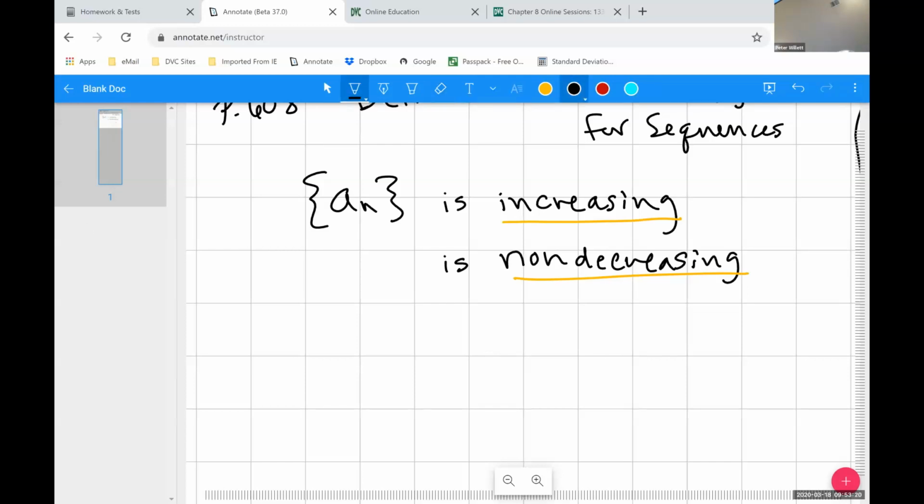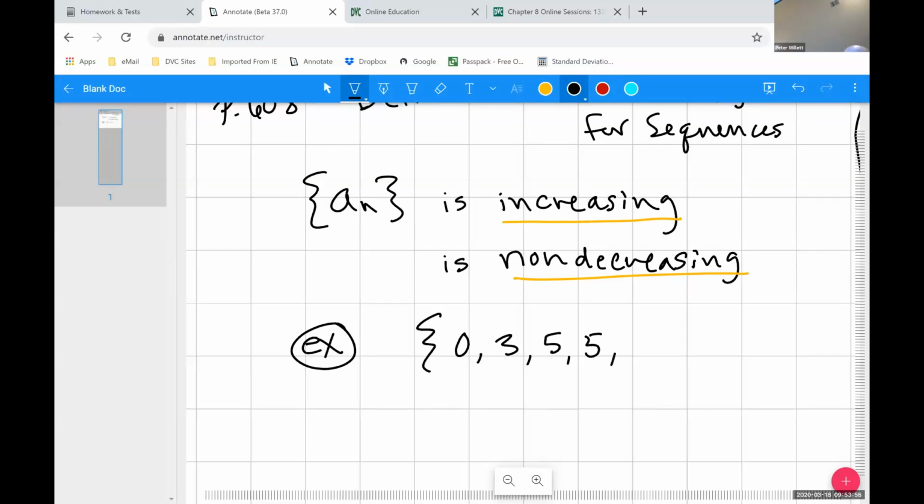So we're just looking at each of these words and trying to see what it means about a sequence. Then we could look at some examples. This box on page 608 just lists them all out before we go into too much detail. So let's say we did an example of a non-decreasing sequence of terms. It might be 0, and then it goes up to 3, so that's increasing, then it goes up to 5, so that's increasing, but then the next term is another 5, so that did not increase, but it did not decrease either.